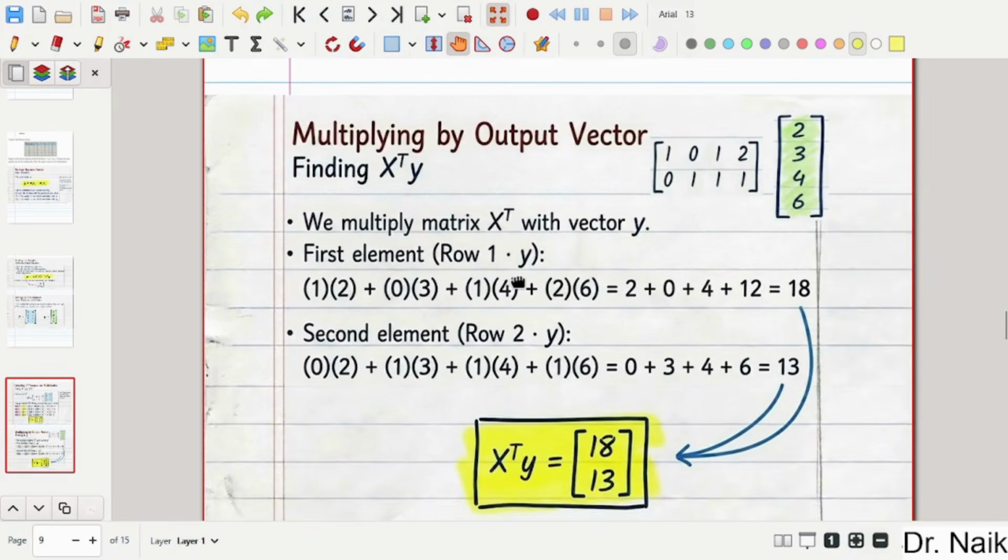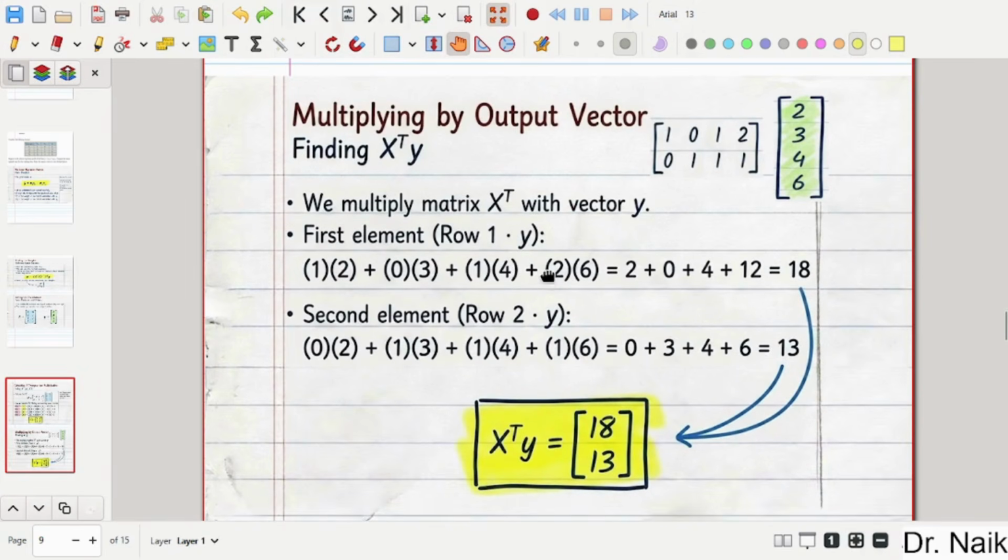Now calculate the X transpose Y. So X transpose Y, first row and first column entry is 1 multiplied by 2 plus 0 multiplied by 3 plus 1 multiplied by 4 plus 2 multiplied by 6. So it is 2 plus 0 plus 4 plus 12, which is 18.